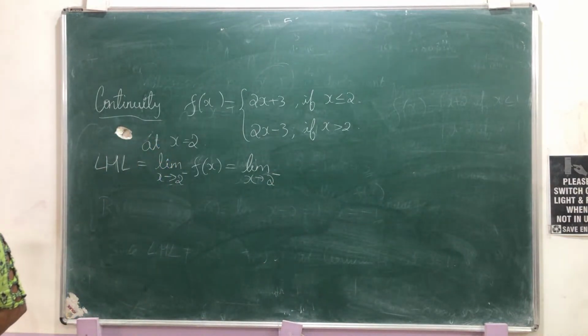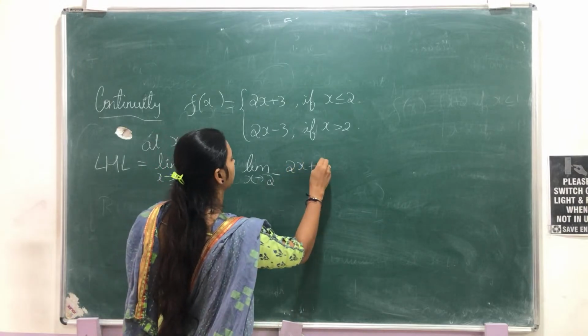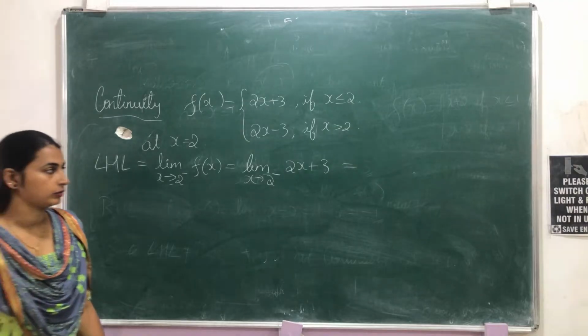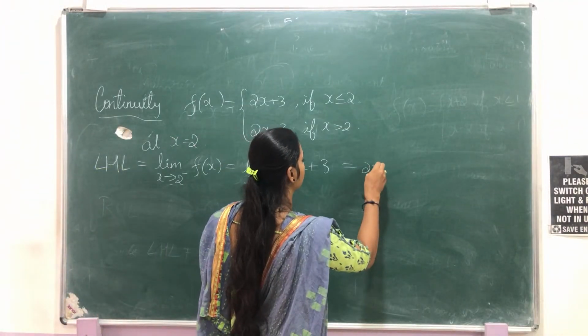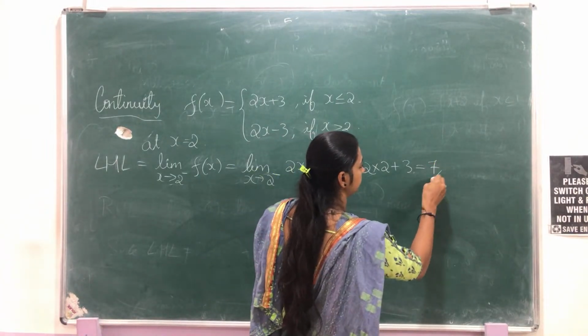What I need to substitute here? 2x plus 3. What is x? 2. So I need to substitute x as 2. So it is 2 into 2 plus 3. What is the value? 7.